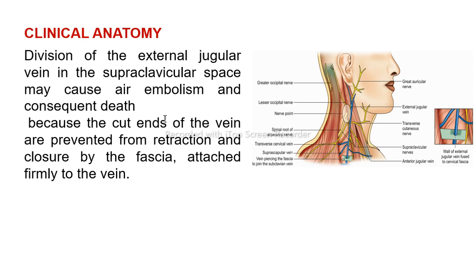So, clinical anatomy related to the external jugular vein. In the supraclavicular space, when there is an injury or division of this vein, it causes air embolism and consequent death, because the cut ends of the vein are attached to the deep fascia, which prevents retraction and closure.